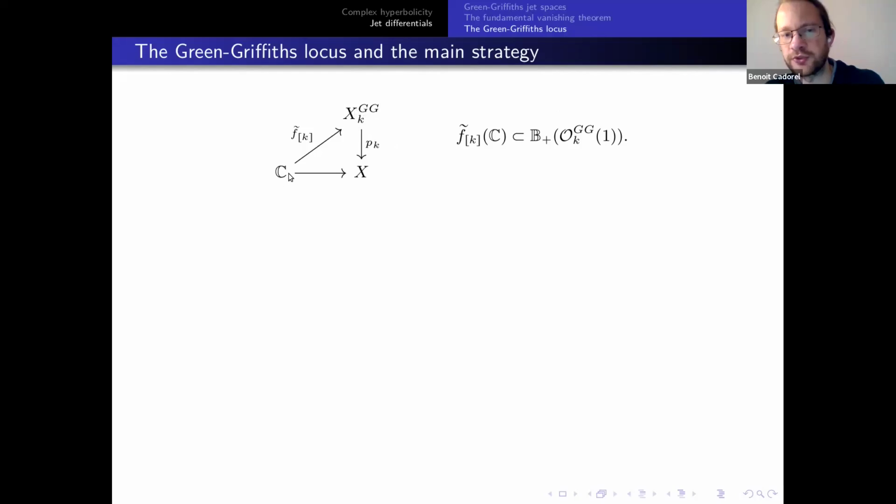And so if you assume now that you have a diagram constructed with an elliptic curve here, landing inside X, then you could put here the Green-Griffiths space of your elliptic curve. Since the intersection of this base locus must be the whole thing once you intersect it with the Green-Griffiths space above the elliptic curve, this map must land inside this base locus.